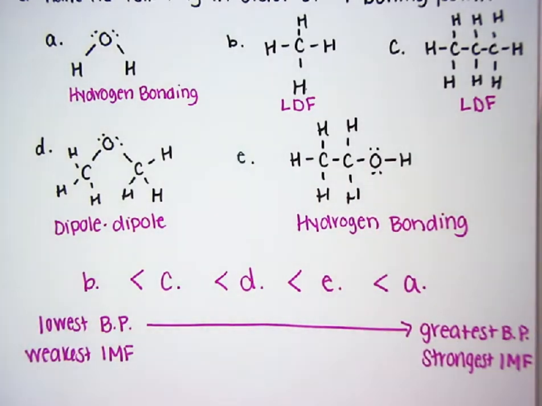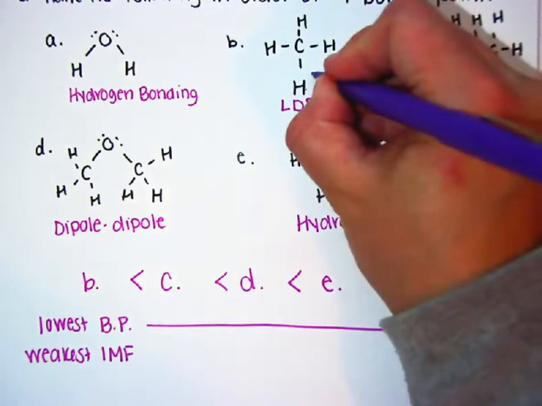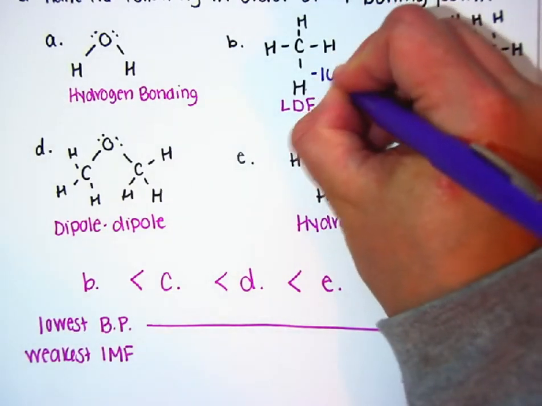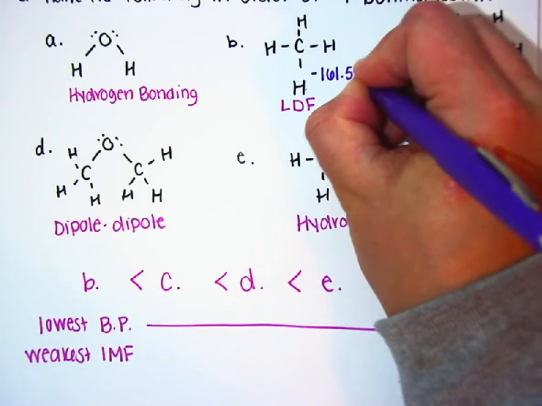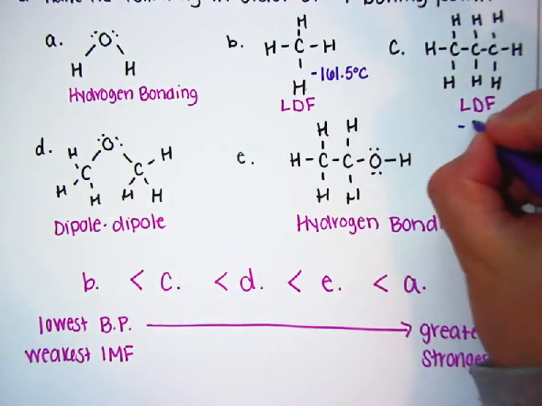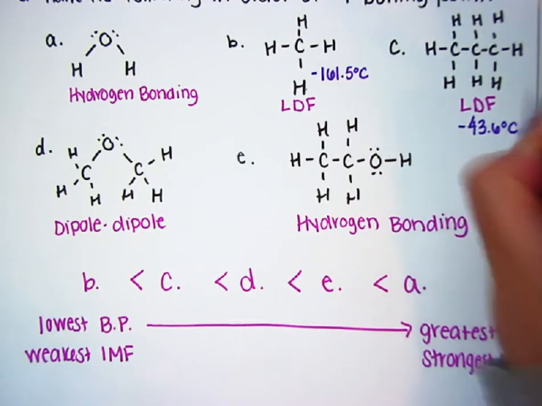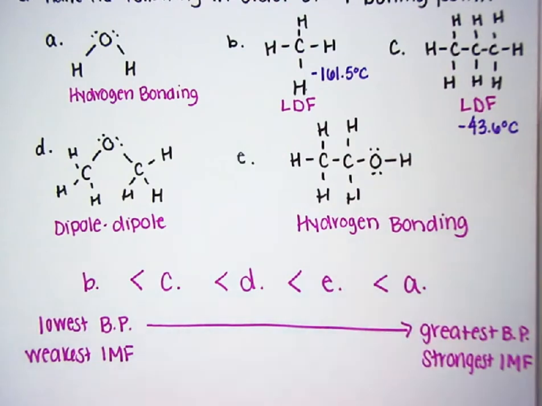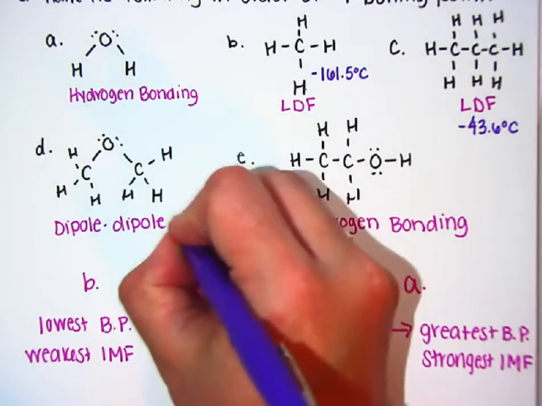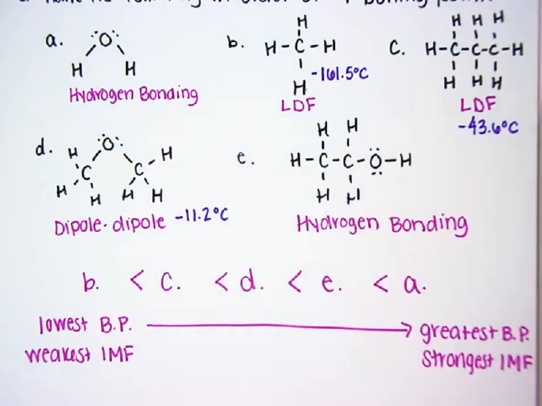If we were to go through, I'll give you guys some actual numbers. This first one, methane, its boiling point would be negative 161.5 degrees Celsius. Propane, a little bit higher, negative 43.6 degrees Celsius. Next would be my dimethyl ether, negative 11.2 degrees Celsius.